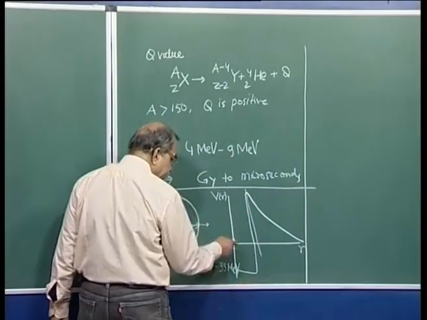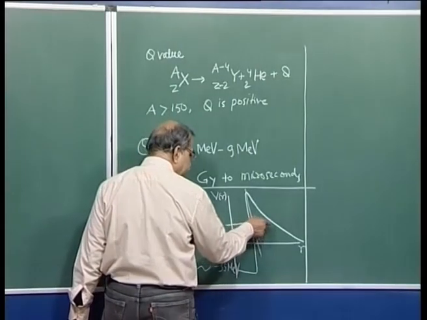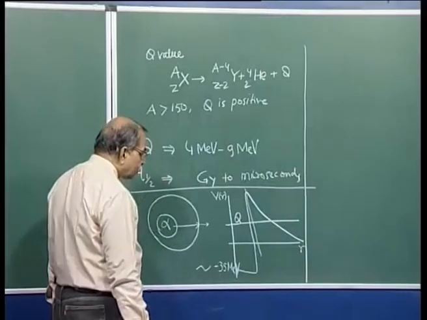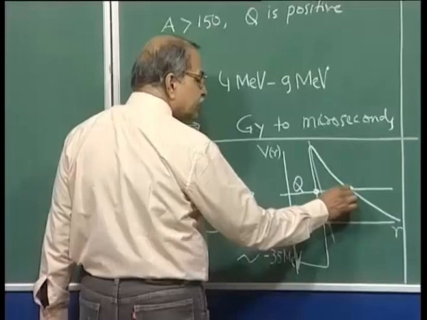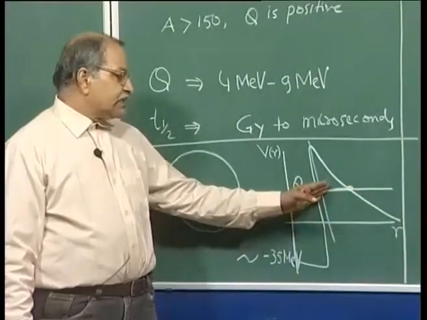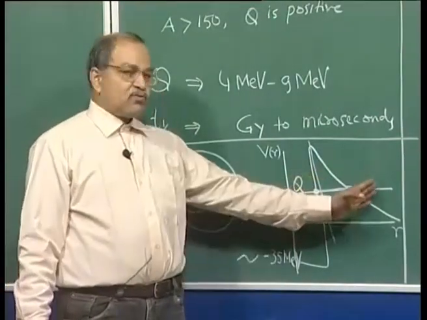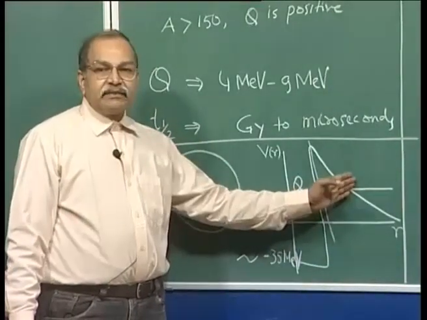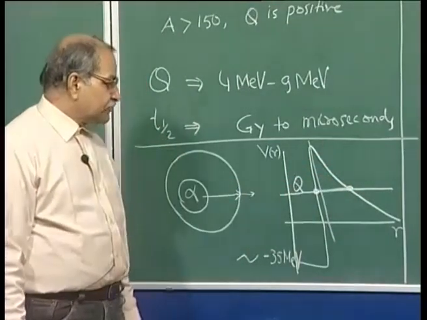The energy available to this alpha particle nucleus system is this Q. So, the region from here to here is classically forbidden, where the total energy is less than the potential energy, and if the alpha particle has to come out on this side, it has to go through this barrier tunneling process, and that is where quantum mechanics comes in.